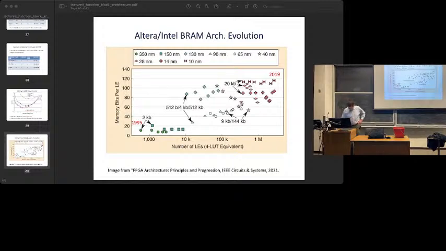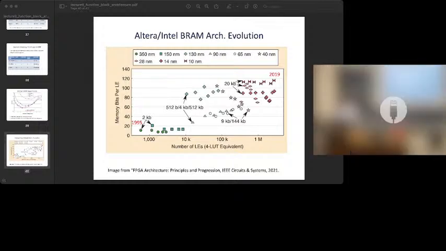Going through time, and device size was also increasing with time, we went to a mix of 3 different sizes of RAMs: small, 512 bits, medium, and large. Then 2 sizes of RAM, like Stratix 4. Then 1 size of RAM, 20 kilobits. So in the case of Altera, they've gradually gone to a smaller number of different block RAMs to simplify things.